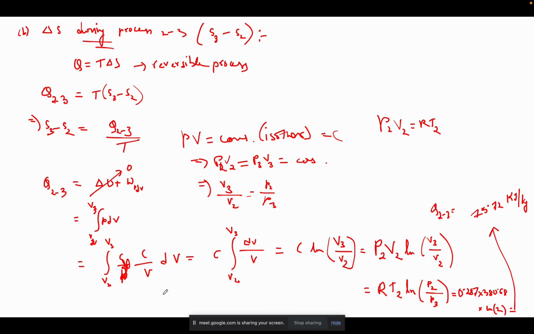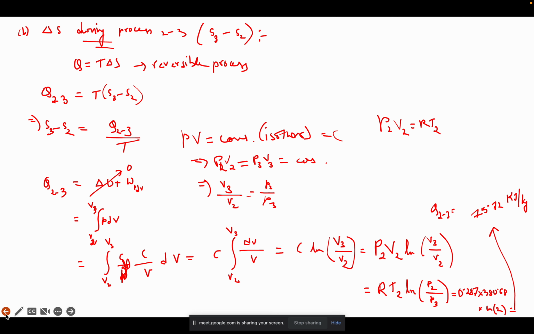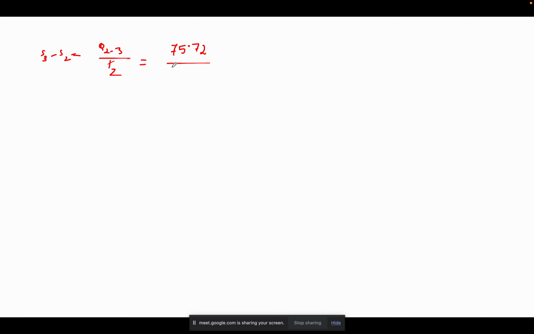Yes, so S3 minus S2 will be basically Q2 to 3 divided by your T2. And what you got is 75.72 divided by 380.68.